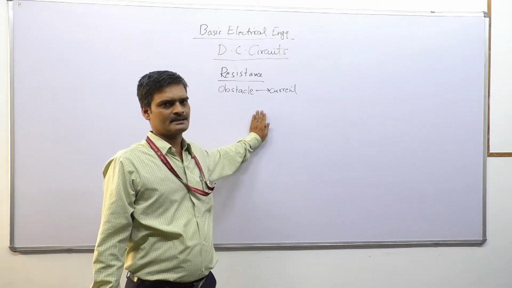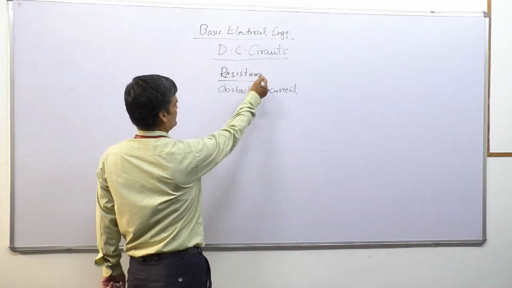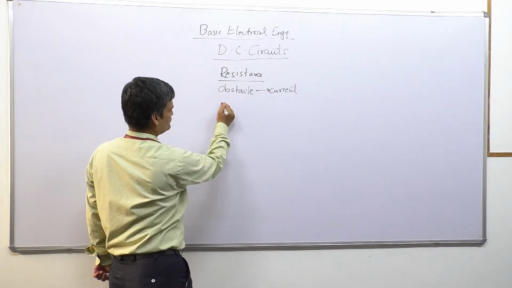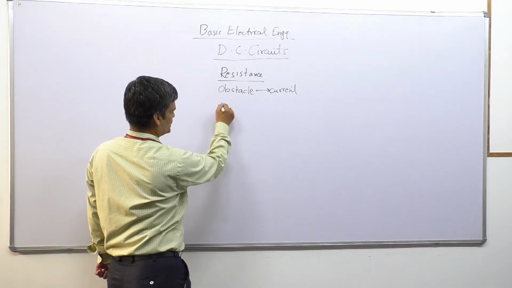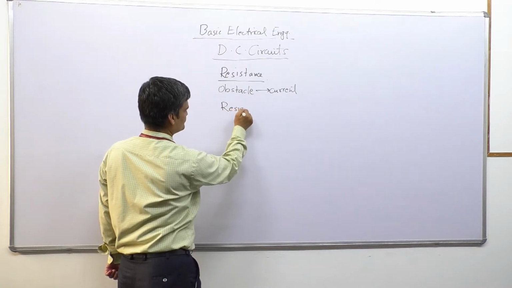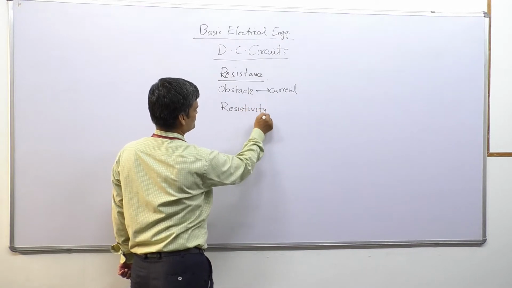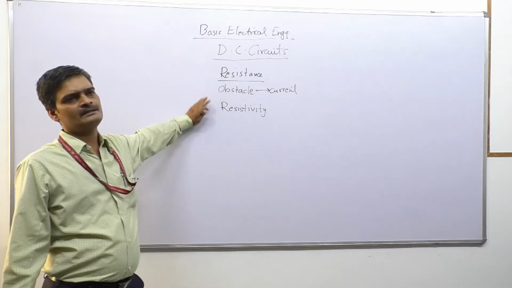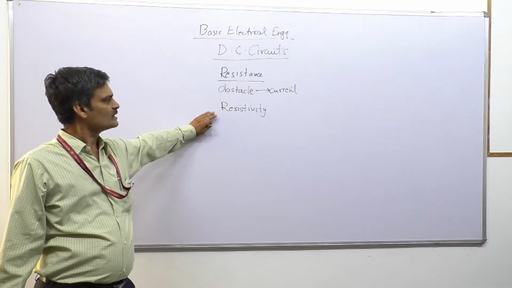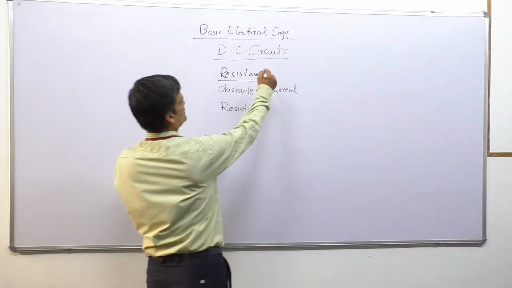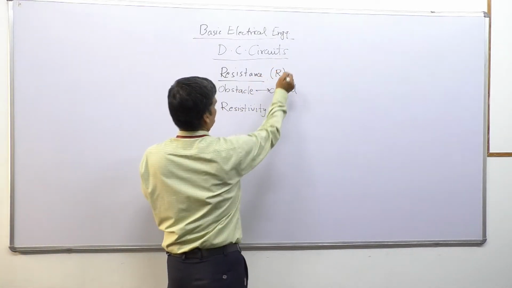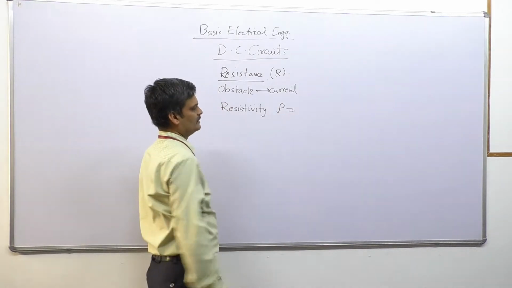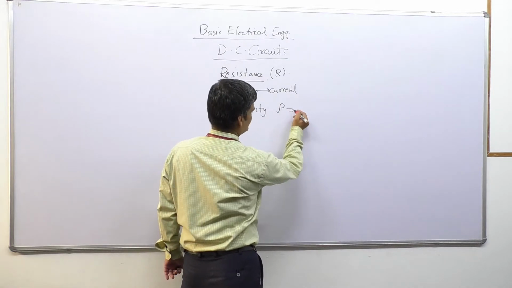Similarly, whenever we talk about resistance, we always come to the property of resistivity. In fact, the term resistance is governed by the property of the material, which is known as resistivity. If we define resistance with the symbol R, then we define resistivity with the symbol rho.